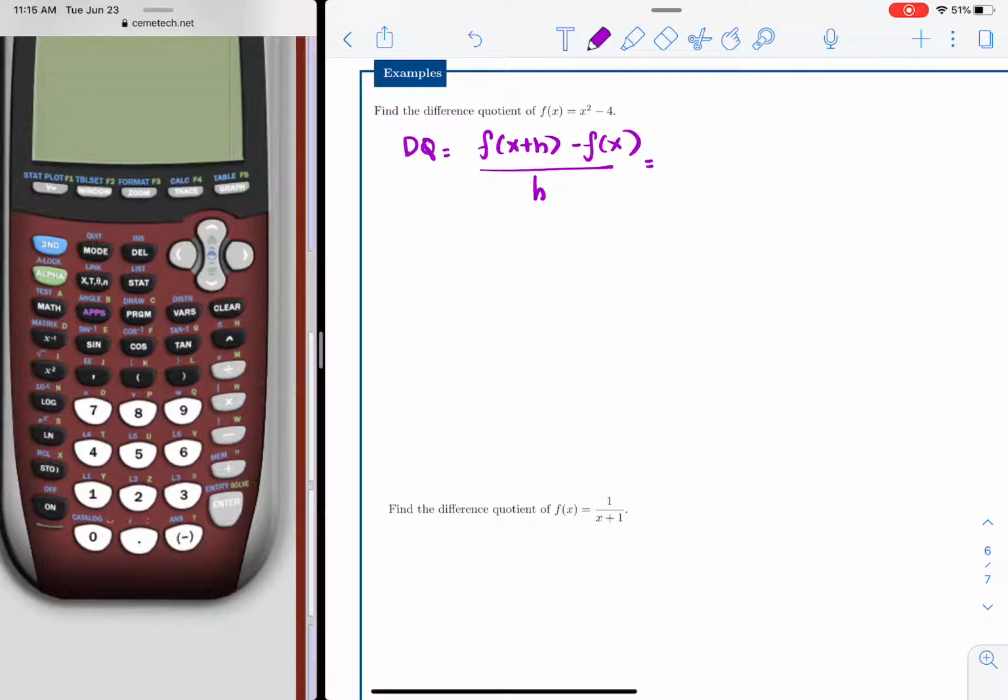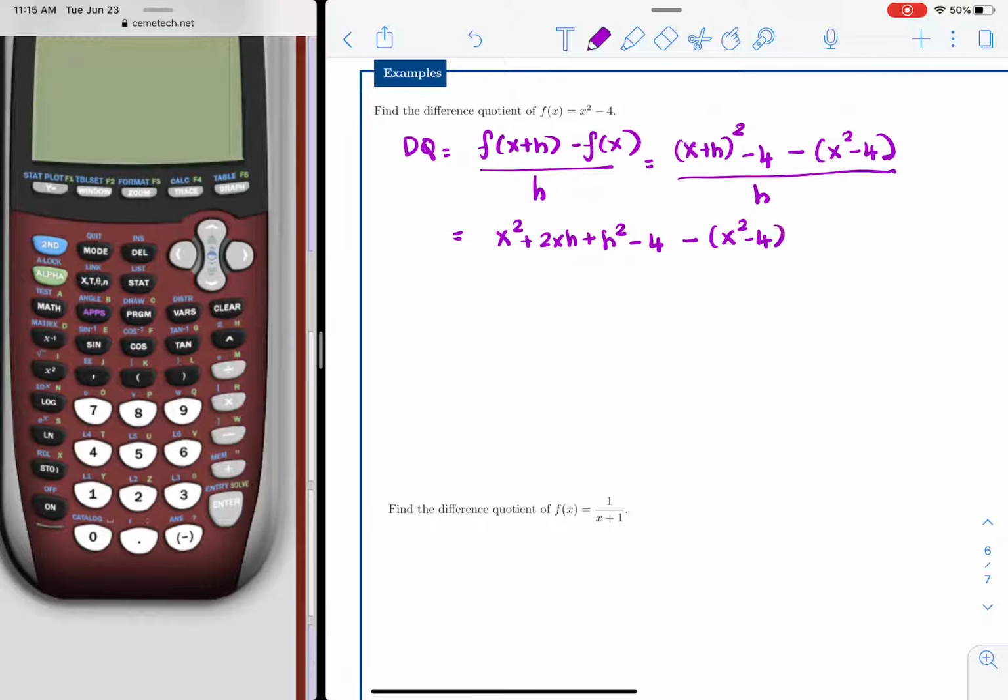The function is x squared minus 4, so x plus h squared minus 4 minus x squared minus 4, divided by h. If I FOIL, I have x squared plus 2xh plus h squared minus 4 minus x squared minus 4. I'm leaving it as is for a reason.